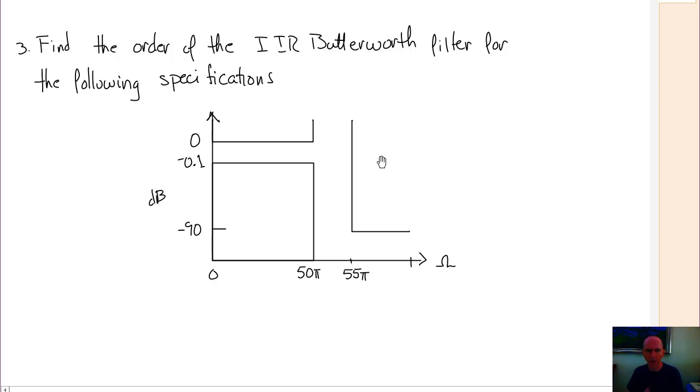I went in and found the specifications of the filter that they use, and it's actually these. So this comes from an actual component, with 90 dB of attenuation and 0.1 dB of ripple in the passband. I want you to find the order of the filter for this case. Don't find the filter, because if the order is large, finding H of s is complicated, but find the order of the filter.